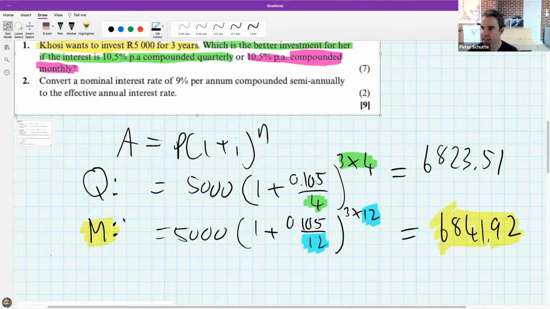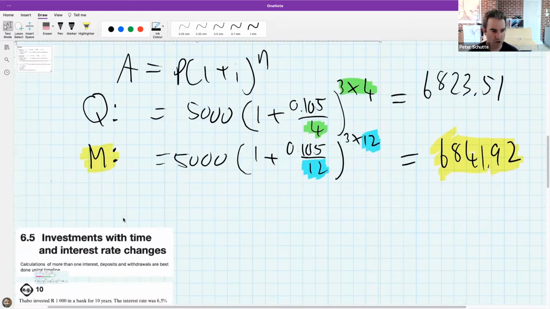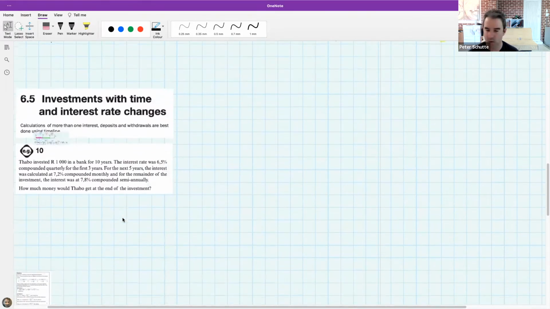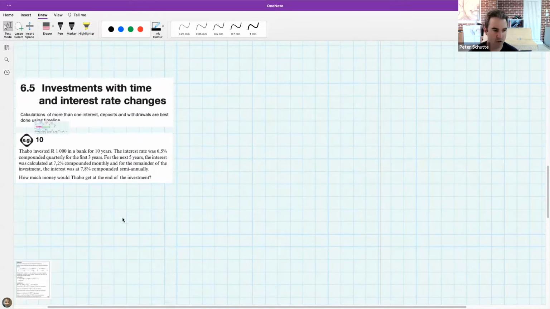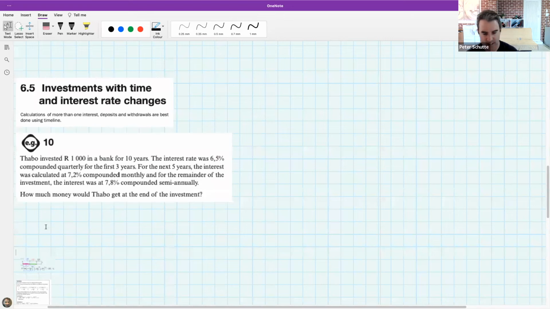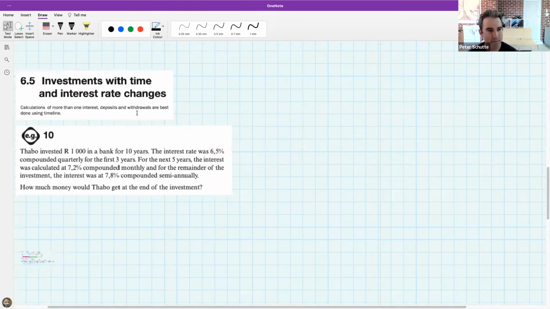All right, then let us go to a different type of question. So a common type of question that happens in the section is sometimes what they call a timeline question, where you change the interest rate and the time periods in a question.